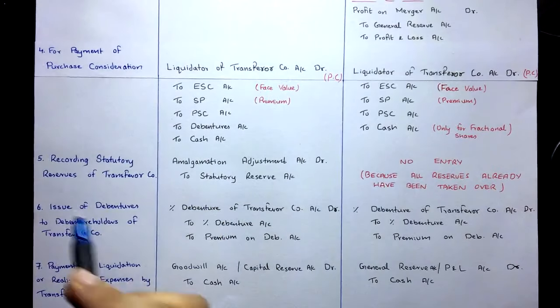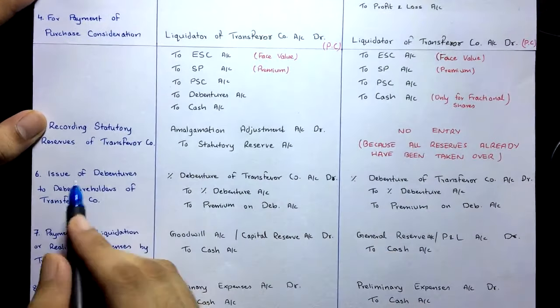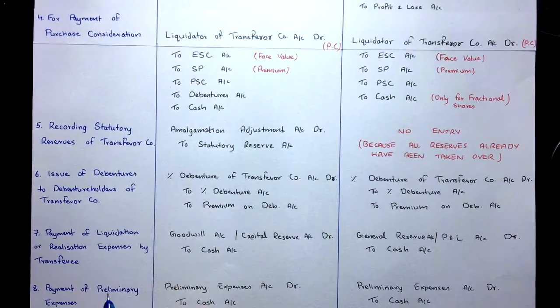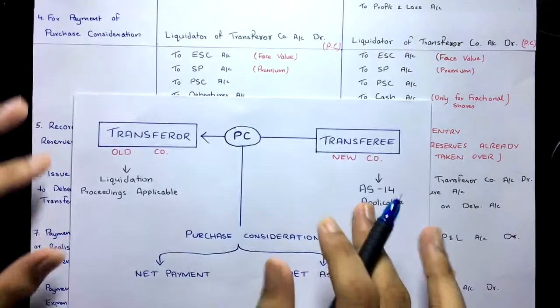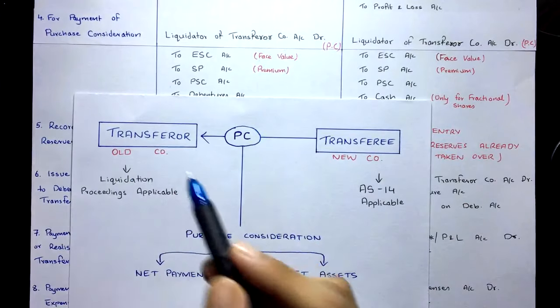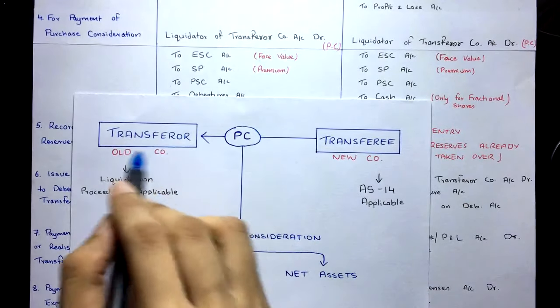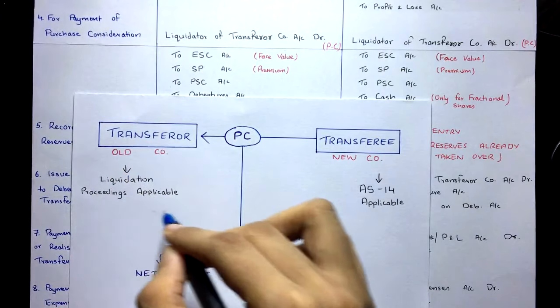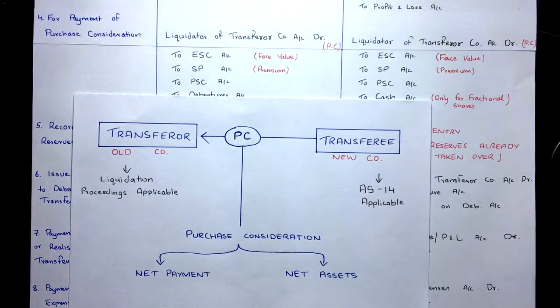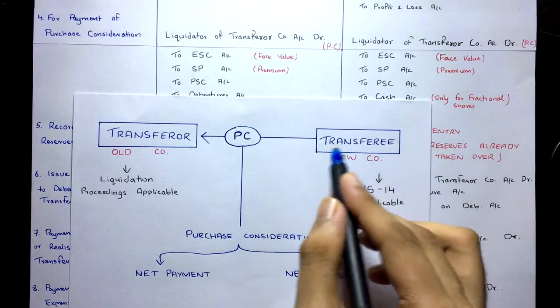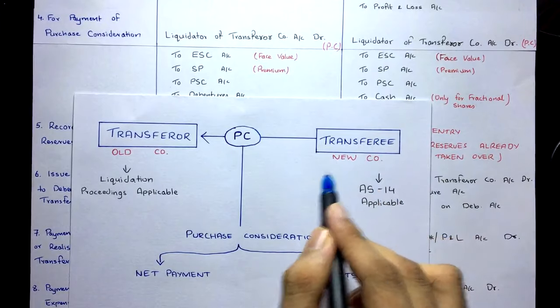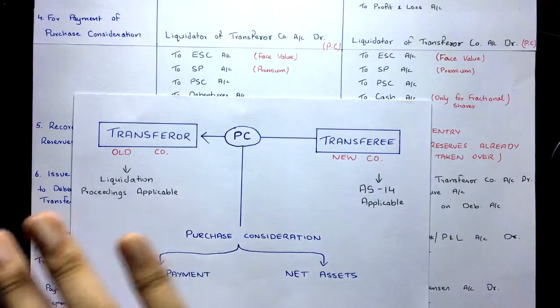Then the sixth entry is, see here, issue of debentures to debenture holders of transferor company. When the transferee company takes over the liabilities of the transferor company, if there are any debentures, those debentures will also be taken over. The transferee company was supposed to pay cash to those debenture holders and settle the liability.